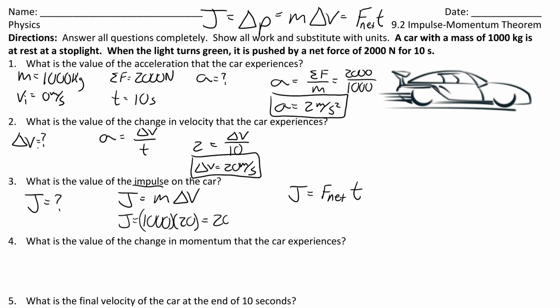So you get 20,000 Newton seconds, kilogram meters per second. Or you could solve it this way. The net force is 2,000 newtons, and the time is 10 seconds. So you get an impulse of, again, 20,000 Newton seconds.